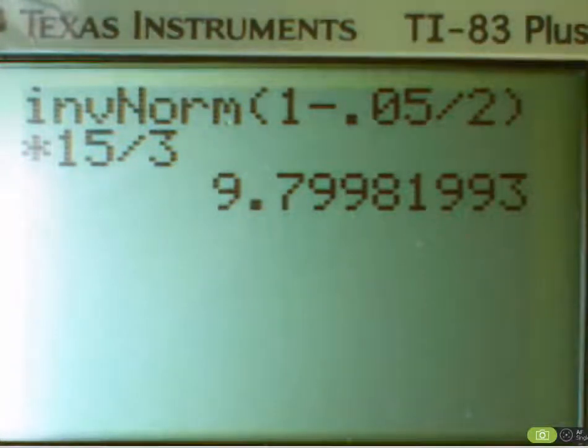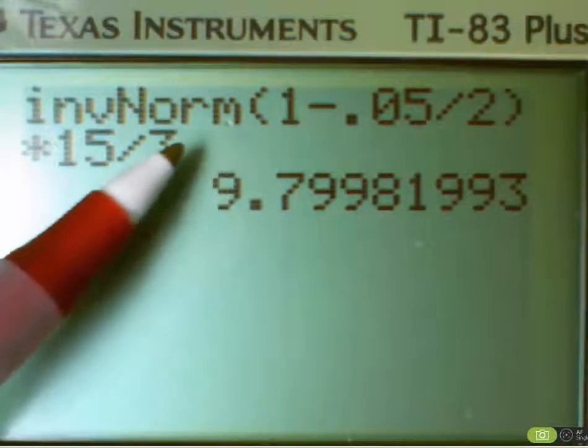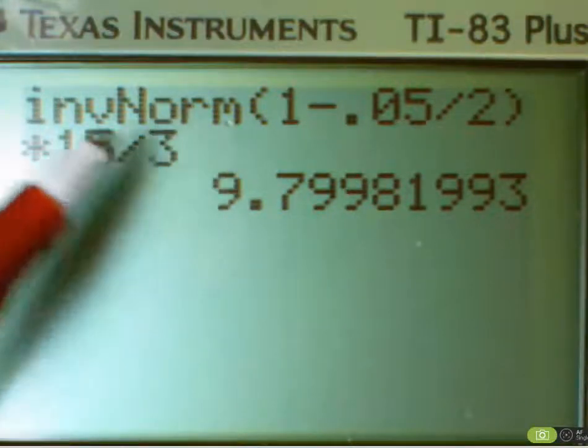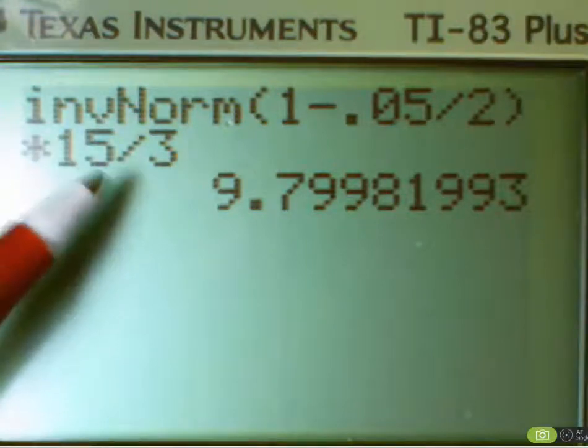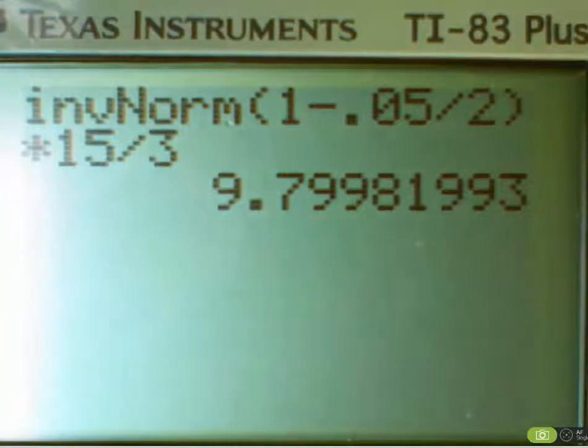Now, I did something accidentally here, but it's fine. I forgot to open the parentheses before I started with inverse norm, and so I didn't close them at the end. This value is not my answer, but this is what I need to square. I went ahead and hit my equals button.